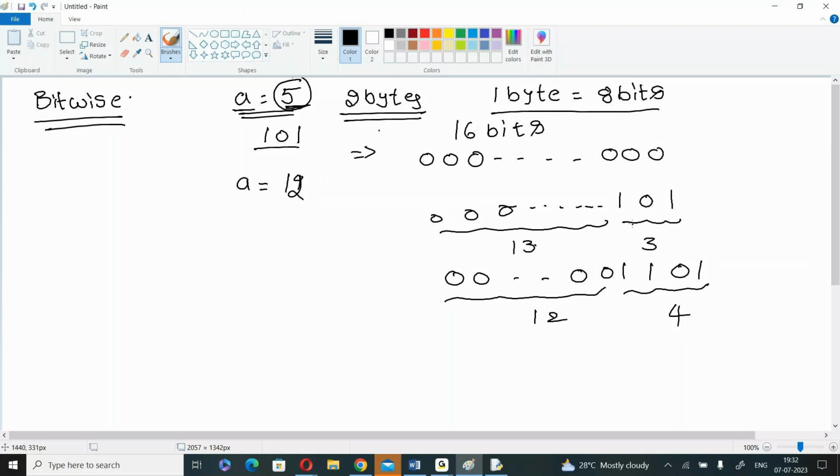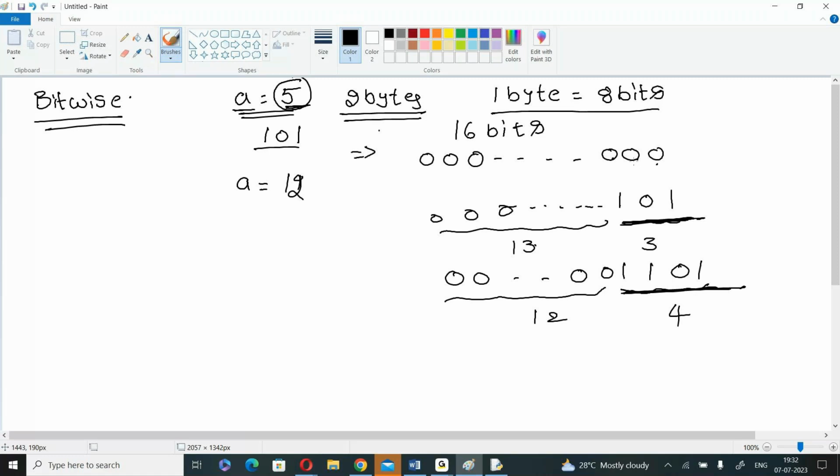Similarly, this is my number, and the remaining spaces on the left side are filled with zeros. This is called bitwise representation. Each and every one is called a bit. Now you understand how a variable is stored inside the memory.